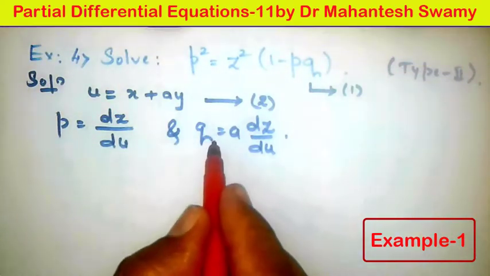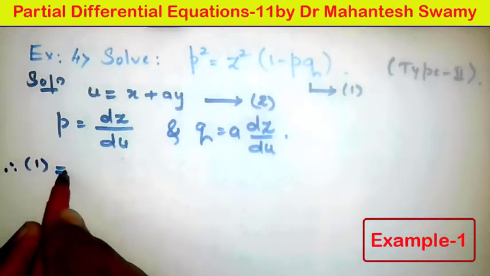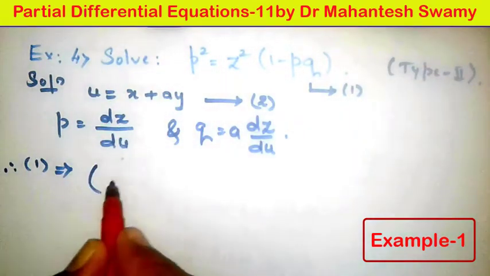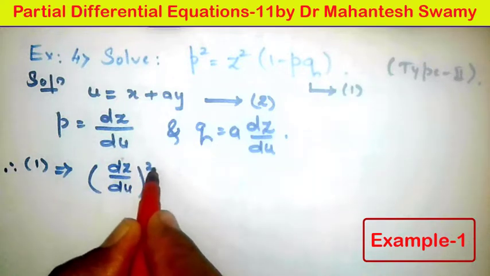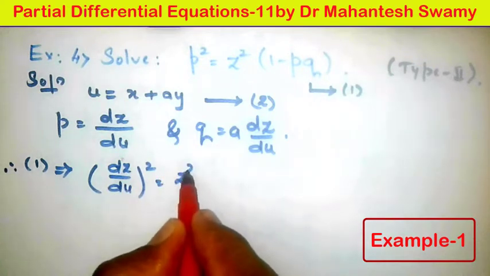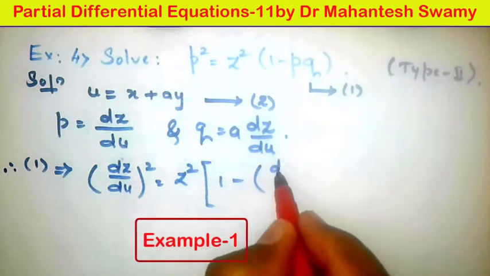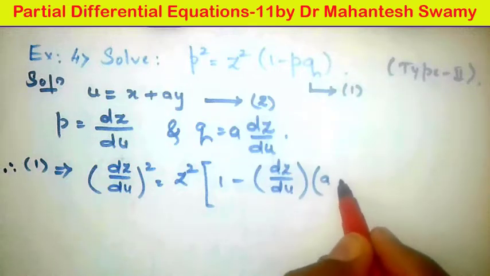Now let us substitute these values into equation number 1. We have p squared as the square of this bracket, that is dz by du whole squared, and our RHS is z squared as it is, into the bracket 1 as it is, minus p, whose value is dz by du, and q, whose value is a dz by du.